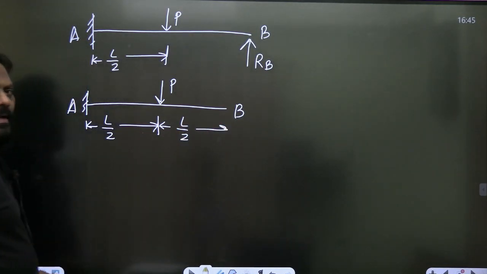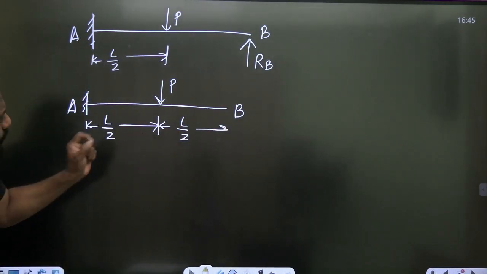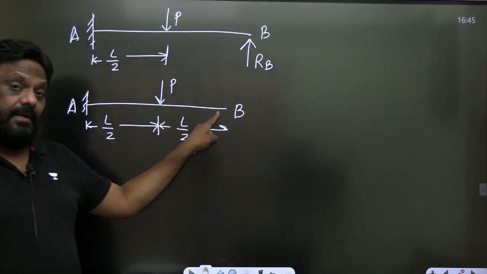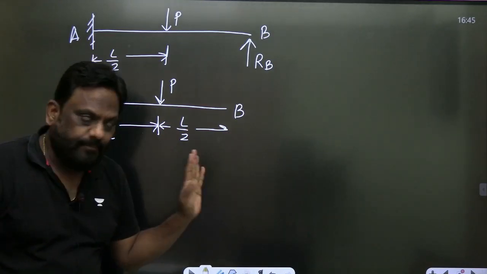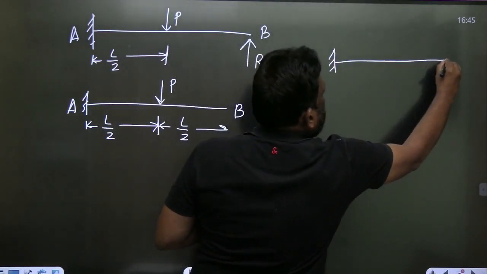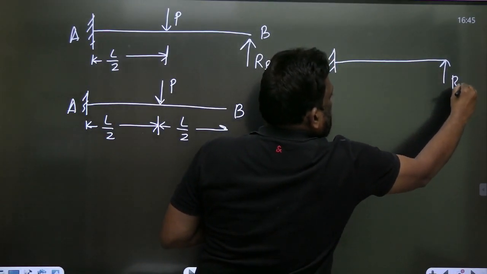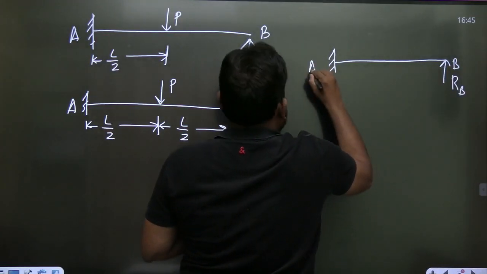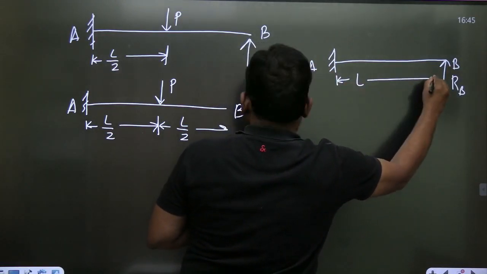Under the influence of this load, let me find out the deflection here. Case 2: under the influence of this load, RB, this is B and this is A, and this total length is L.